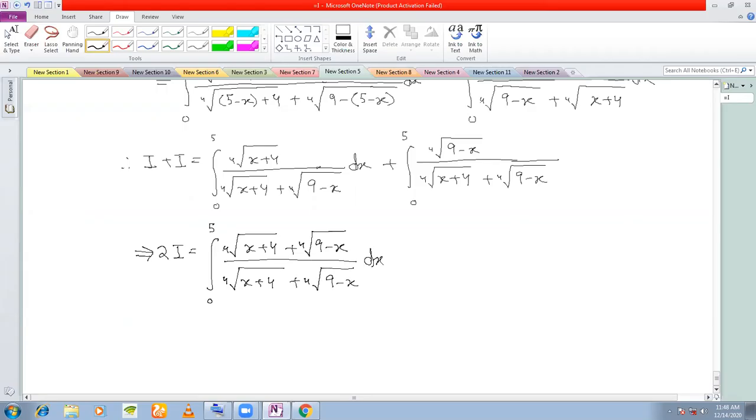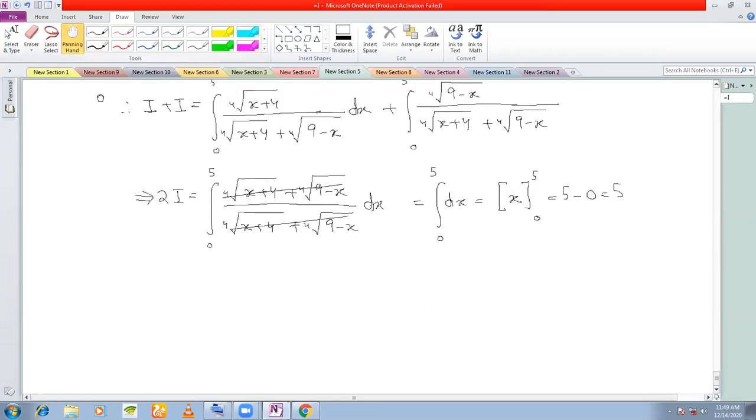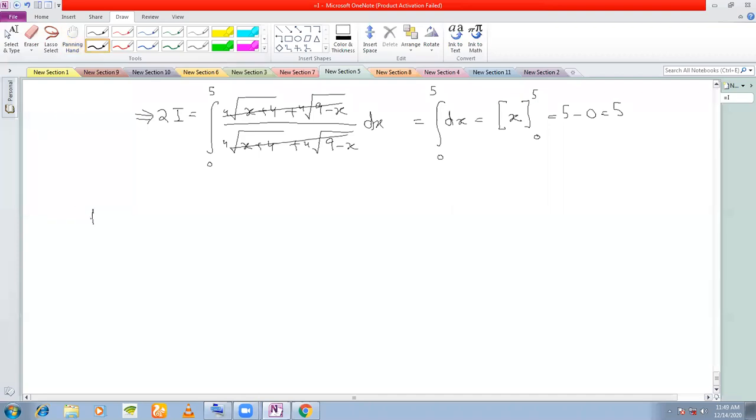So this and this cancel. You simply get integral 0 to 5 dx, so you get x evaluated between the limits 0 to 5, which is 5 minus 0, which is equal to 5. Easy enough problem. Next problem.